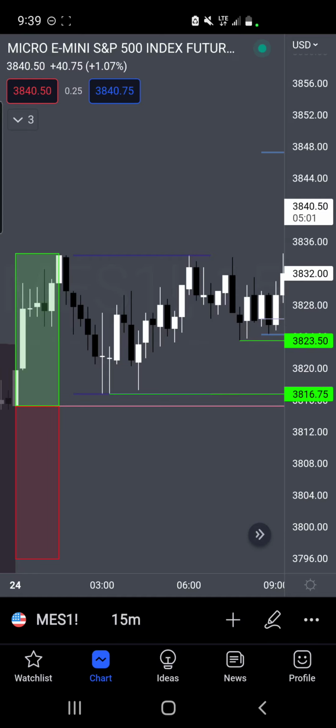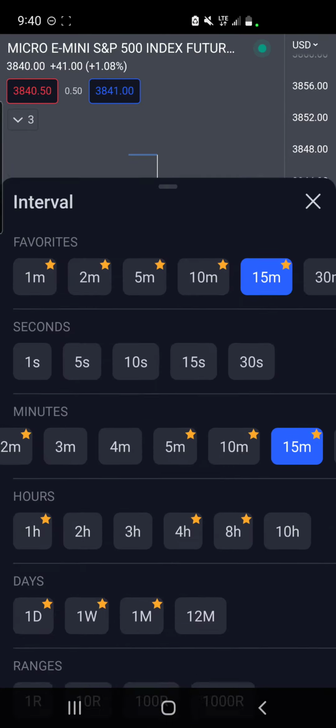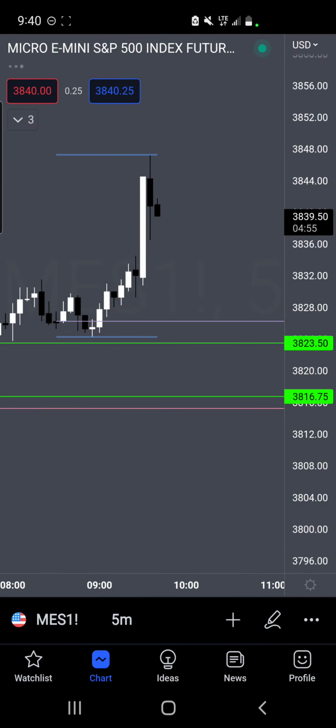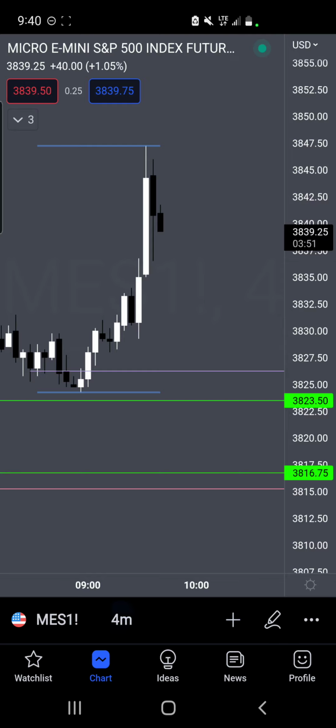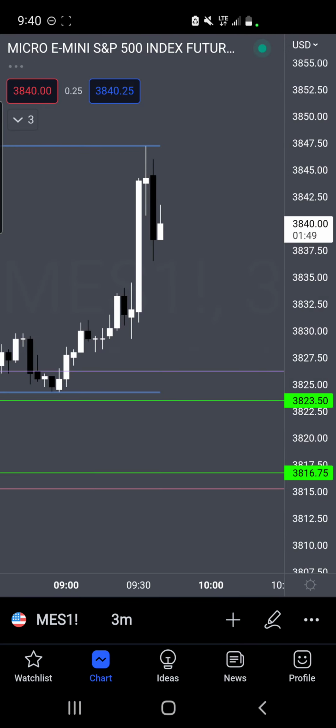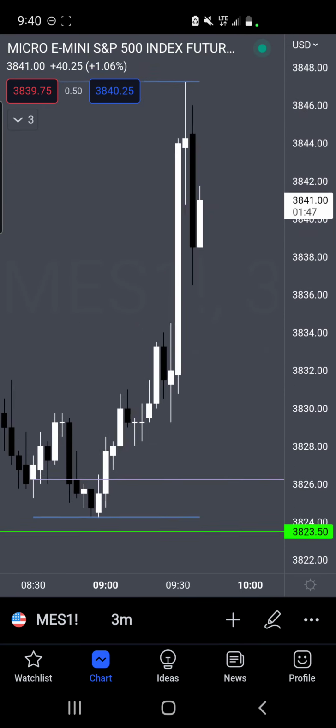Okay, so we're in the discount range for that. We ran buy side liquidity. Now it's time to see if a low time frame model forms. At least just the general market structure of a model.